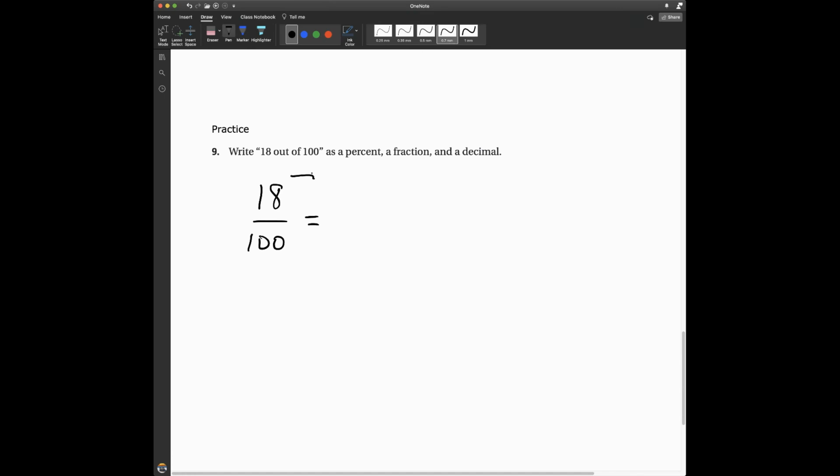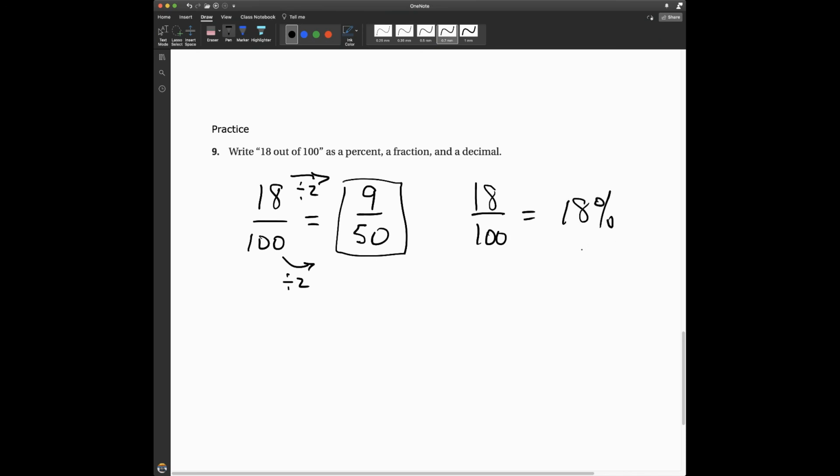So we need to divide by 2, divide by 2, and we end up with 9/50. There's the fraction. And then 18 out of 100, you remember from 6th grade, that's how you write a percent. And if I say it, 18 hundredths, I can write it as a decimal.